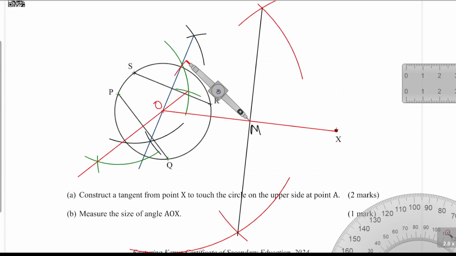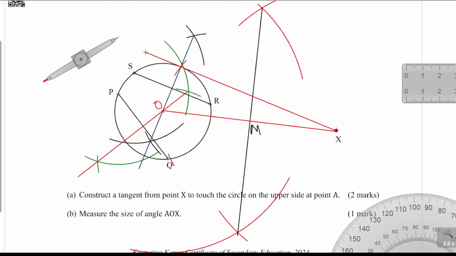And in case you require 2 tangents, you can cut the other side, but you don't require that for now. So look at this point where you've already marked. This point here will be A. So join that point using a straight line from X, you draw a tangent touching at that point.